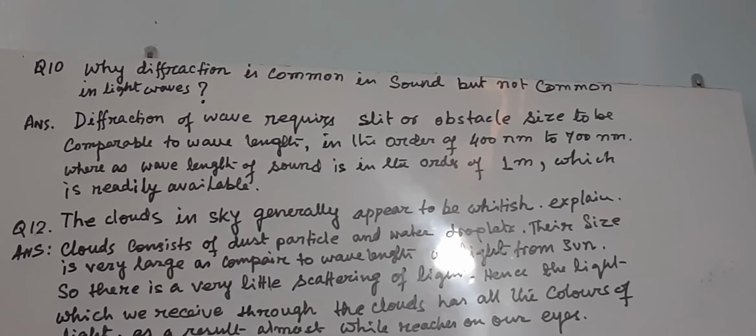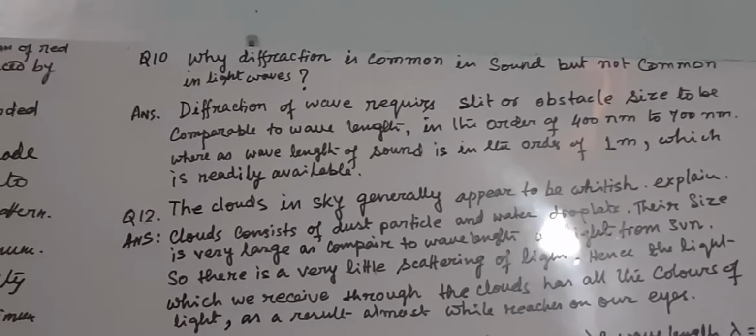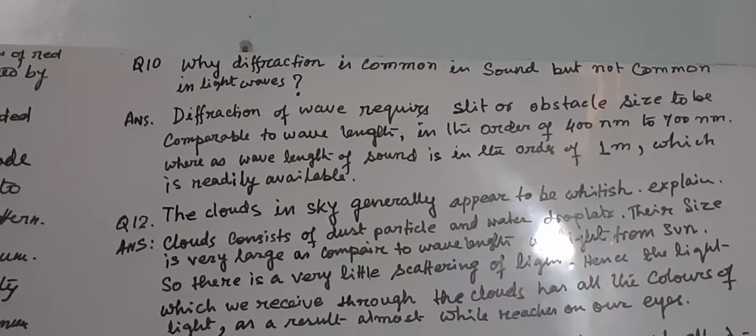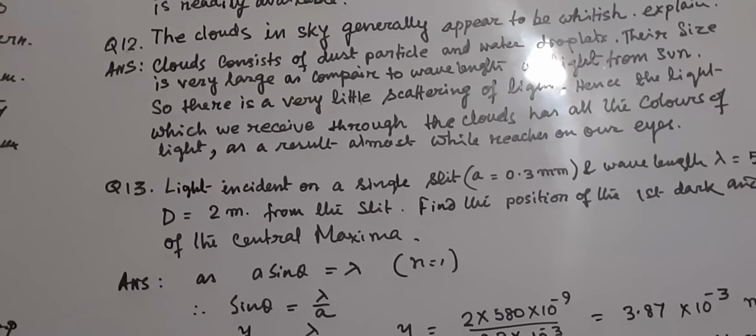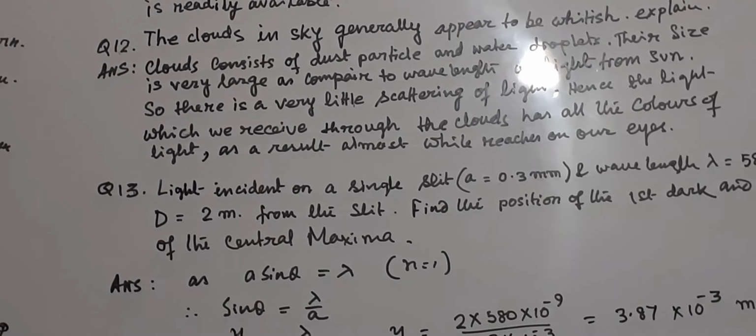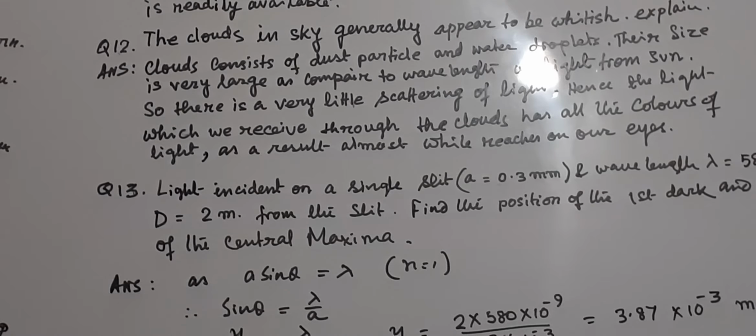Come to question number 12. The cloud in the sky generally appears to be whitish. Explain. Answer. Clouds consist of dust particles and water droplets. Their size is very large as compared to the wavelength of light from the sun's rays.